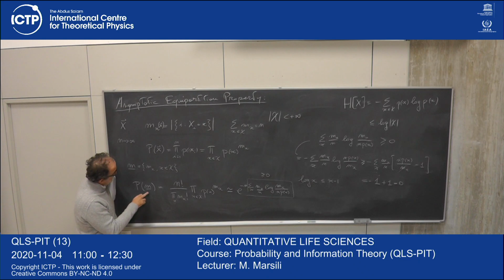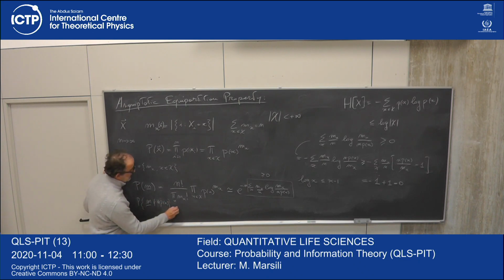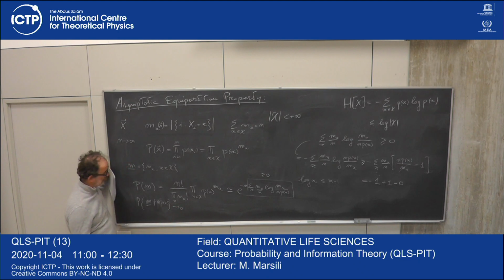So the probability that you get an histogram m of x that is different from n times p of x is essentially exponentially small in n. So it's essentially going to 0 as n goes to infinity.